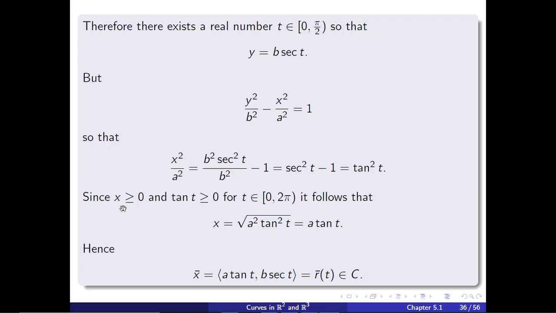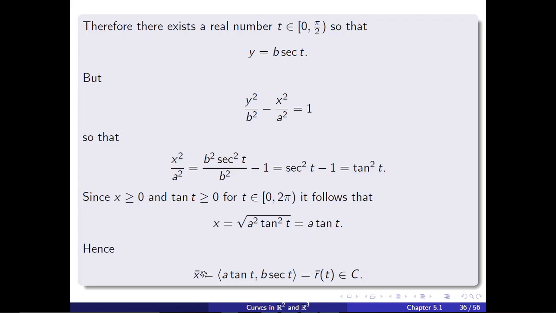Now, since x is greater or equal to 0 and tan t is greater or equal to 0 for any t you pick from 0 to pi over 2, it follows that x is equal to the positive a tan t.